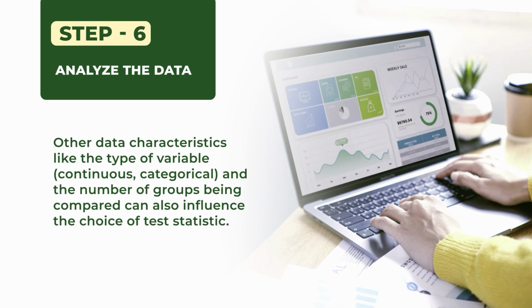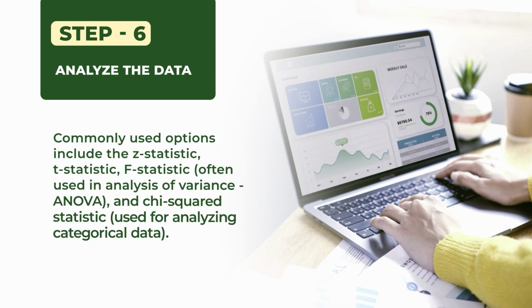This highlights the importance of considering sample size when selecting a test statistic. Beyond sample size, other data characteristics like the type of variable, is it continuous or categorical, and the number of groups being compared, single group, between two groups or three groups, also influence the choice of test statistic. Commonly used options include the Z statistic, T statistic, F statistic, and chi-square statistic.